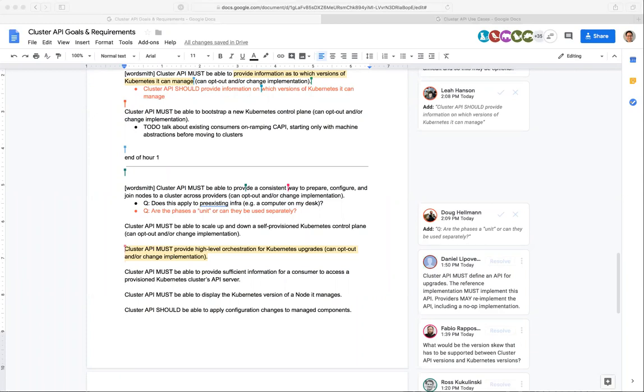Some people want to use machines that start up from images with everything pre-installed. Some people want the cluster API provider to install everything that is needed. There are all sorts of different scenarios there, and I think we lack the language. So that's where we were going with the ability to opt out or change implementation, so that if the default implementation does not meet your needs, you should be able to specify an alternative implementation. And so, what do we call that layer?